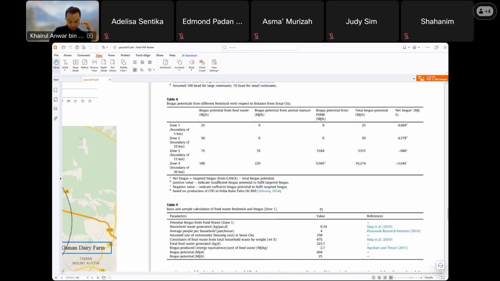For the last column, biogas zone 1 and 2 do not have sufficient biogas supply to fulfill the targeted biogas demand. The value of the zone was negative compared to total biogas production, and only zone 3 and 4 have enough supply to meet the targeted biogas demand estimated from gas card.